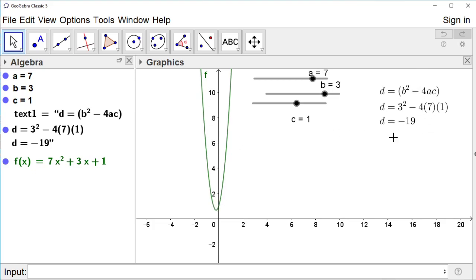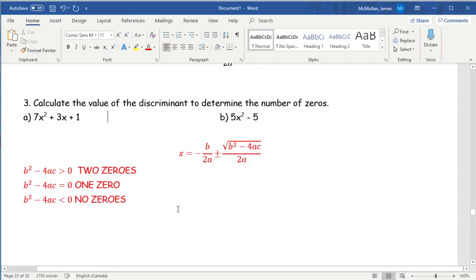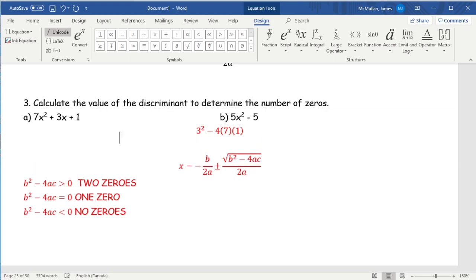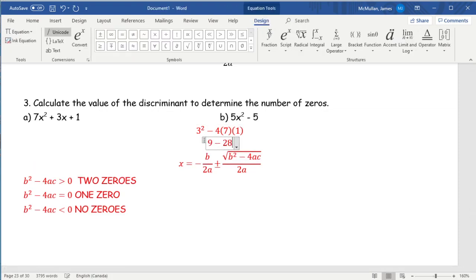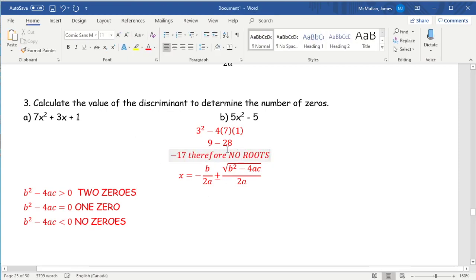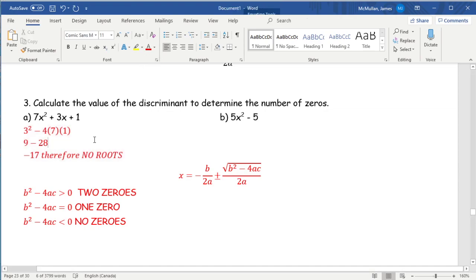Its discriminant is negative, and therefore it has no roots. Let's demonstrate this with the discriminant: 3 squared minus 4 times 7 times 1 is equal to 9 take away 28, which is equal to negative 17. Therefore, there are no roots.